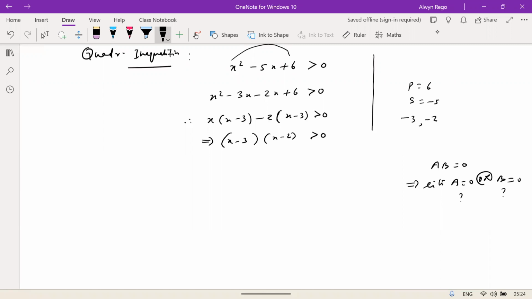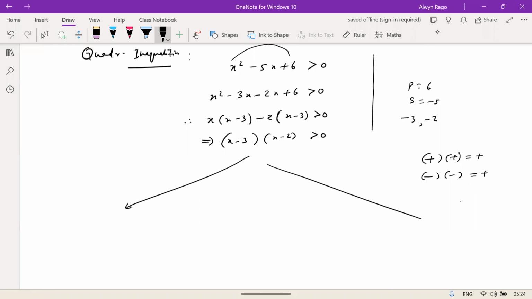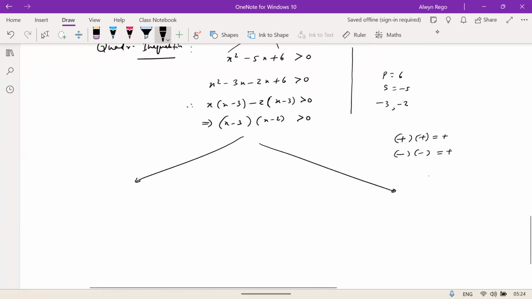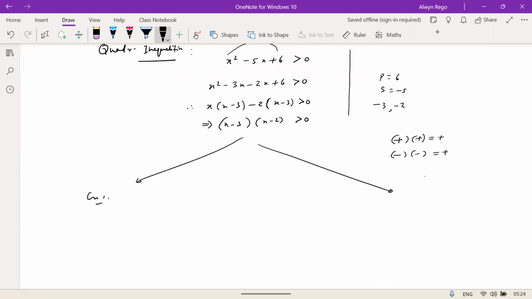But if a into b is more than 0, in other words, if a into b is positive, it implies that either positive times positive is positive, or negative times negative is positive. So there are two cases here. It'll give you case 1, either or.